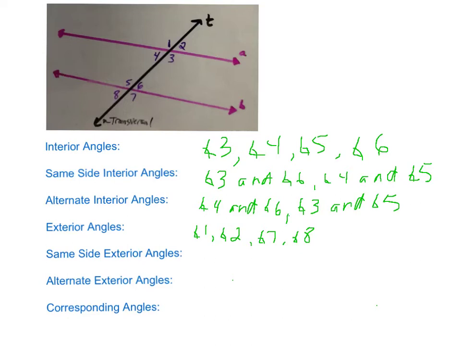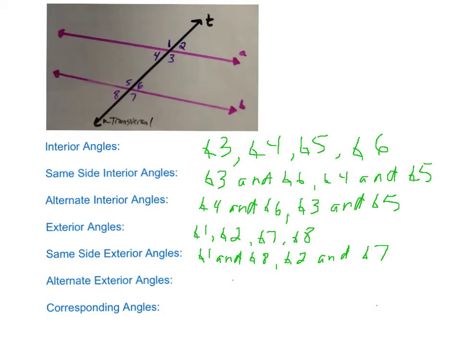Looking at same side exterior, those are the angles that are outside A and B, and they're on the same side of the transversal. So that would include angle 1 and angle 8 as a pair, and also the pair angle 2 and angle 7.